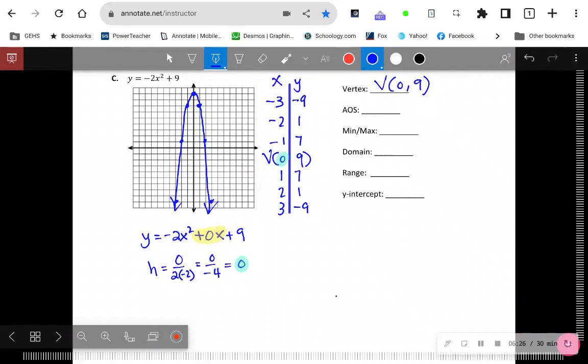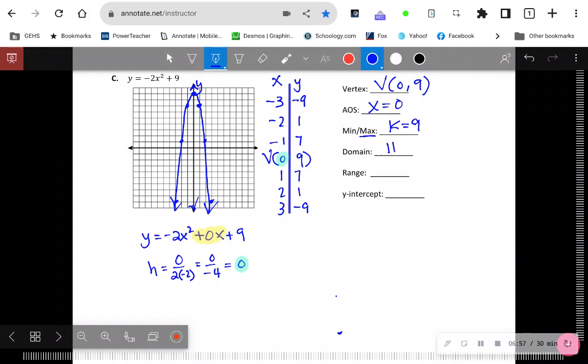Okay, the axis of symmetry is the center line of this thing. It's actually the y-axis, but we always have to start with x equals, and you can see it up here, x equals 0. But that's the center line right there. It also happens to be the y-axis. The k value here is 9, and that is your highest point on the parabola, so it's a maximum height.